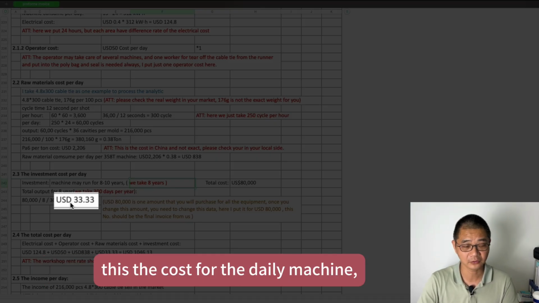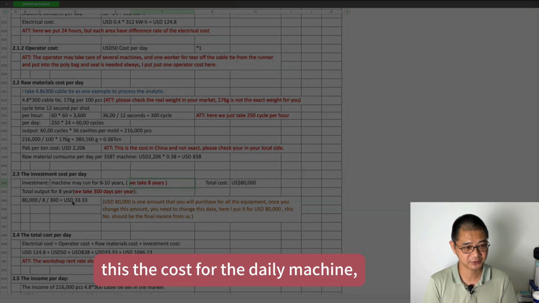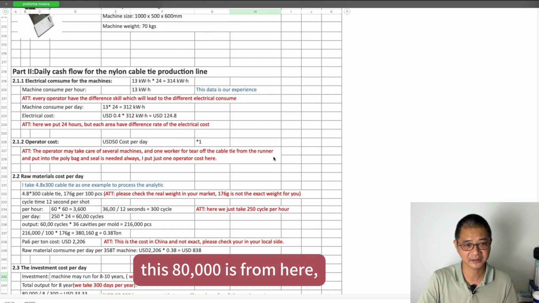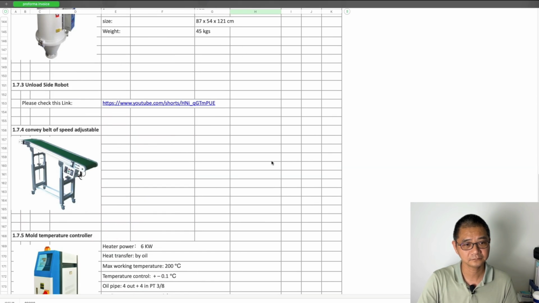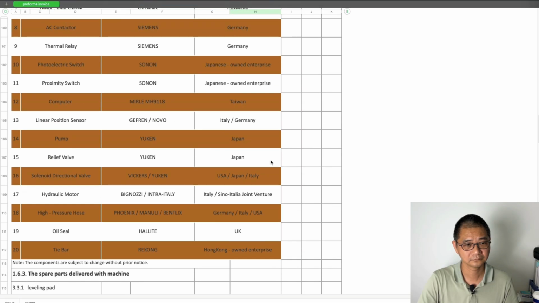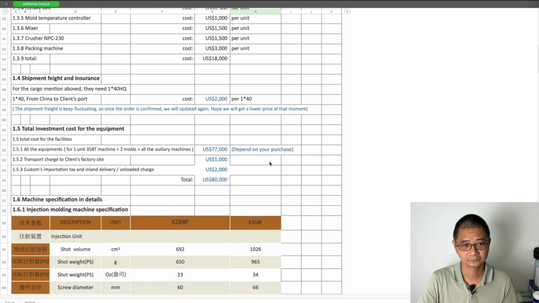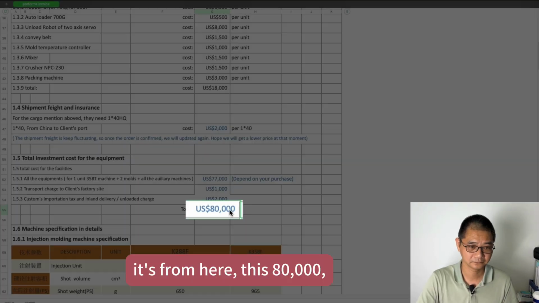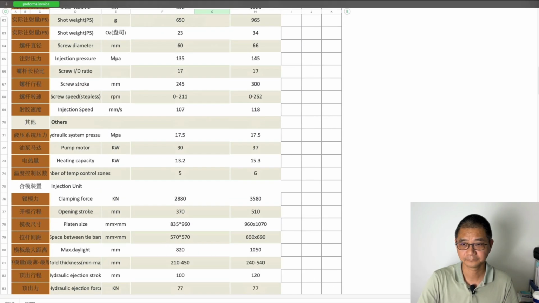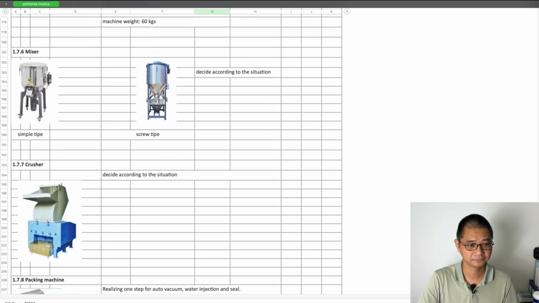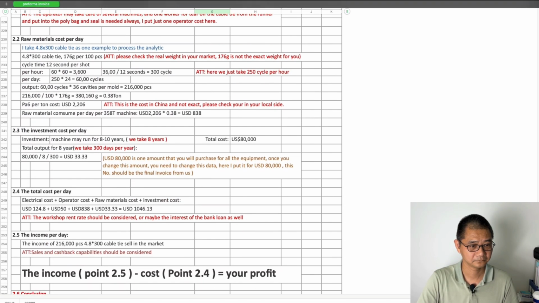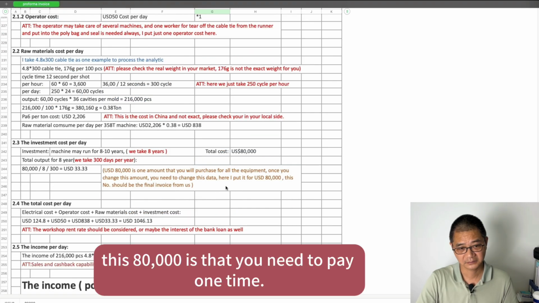This is the daily cost of the investment. This 80,000 is from here. This 80,000 you need to pay one time.